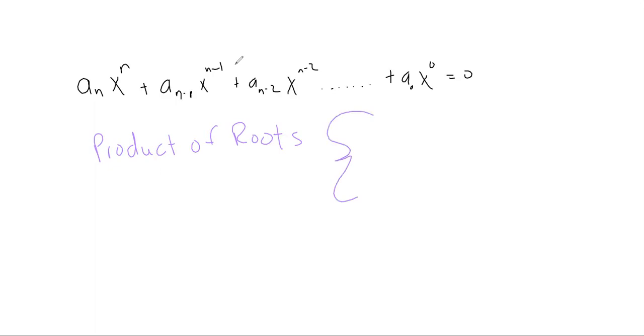If this n right here is even, then it's going to be a naught, so this term right here, the constant, over the leading coefficient.